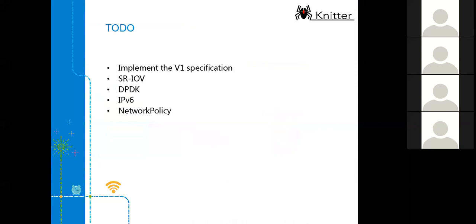So those are the main features of Nitor. Here is a to-do list. We will implement the V1 specification, for example, changing the format and the key names of the network attachment selection annotation, and adding network attachment status annotations.